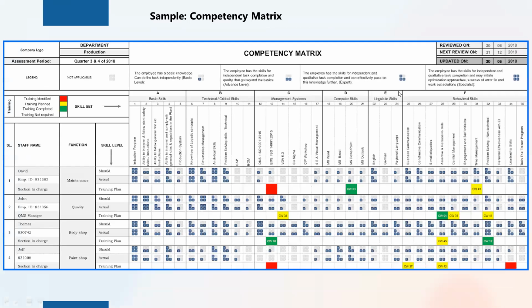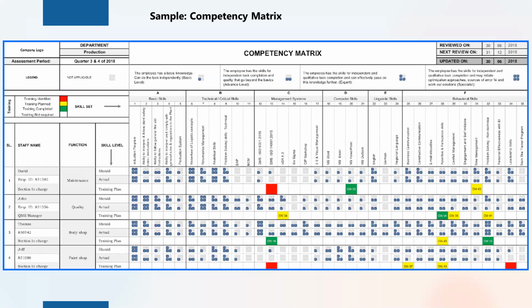So if you see this sample sheet, on the left-hand side are the staff names, then there are functions and their skills level. So if you see the skills level in maintenance, the should be this much, the actuals are this much, and training plan is this much.